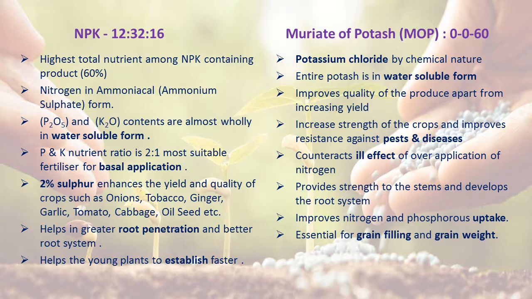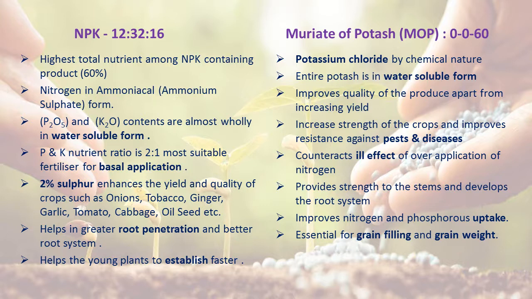It is the ammonium sulfate form, and P and K are also in the water soluble form, and the P and K nutrient ratio is 2:1, and it is mostly used for basal application, and it also has 2% sulfur, and sulfur is mostly required for vegetable crops and cereals, that is onion, tobacco, cabbage, tomato, etc., and it helps in greater root penetration because the phosphorus level is high.